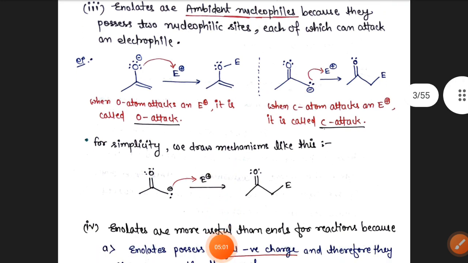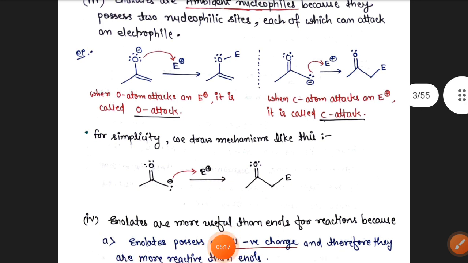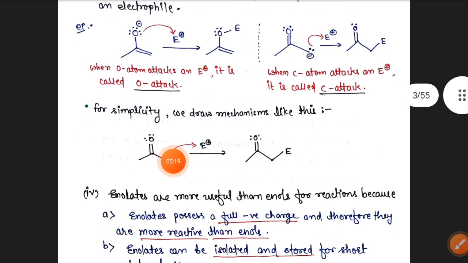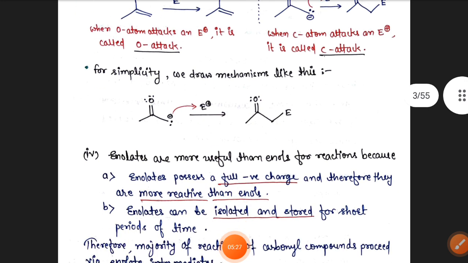When the oxygen atom attacks an electrophile, it is called O attack, and when the carbon atom attacks E plus, it is called C attack. These are the two reactive sites of the enolate. For simplicity, we draw the mechanism like this: the negative charge attracts E plus, and this is the product formation.